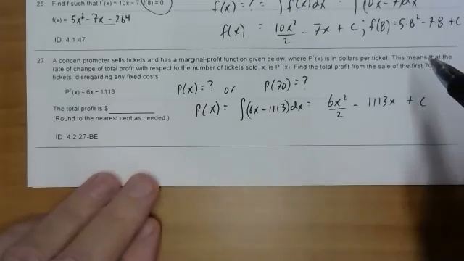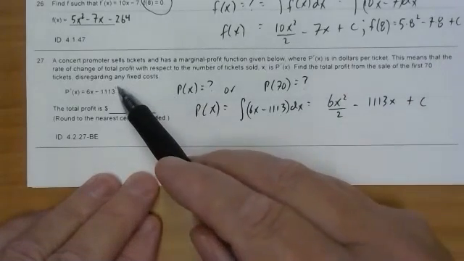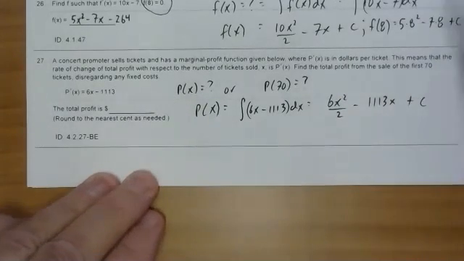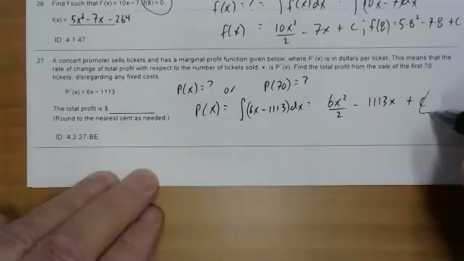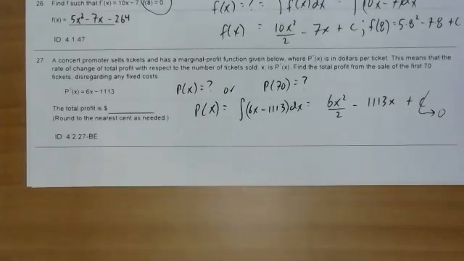Now, when I say this line about disregarding any fixed cost, I think that means that this constant is going to be 0.